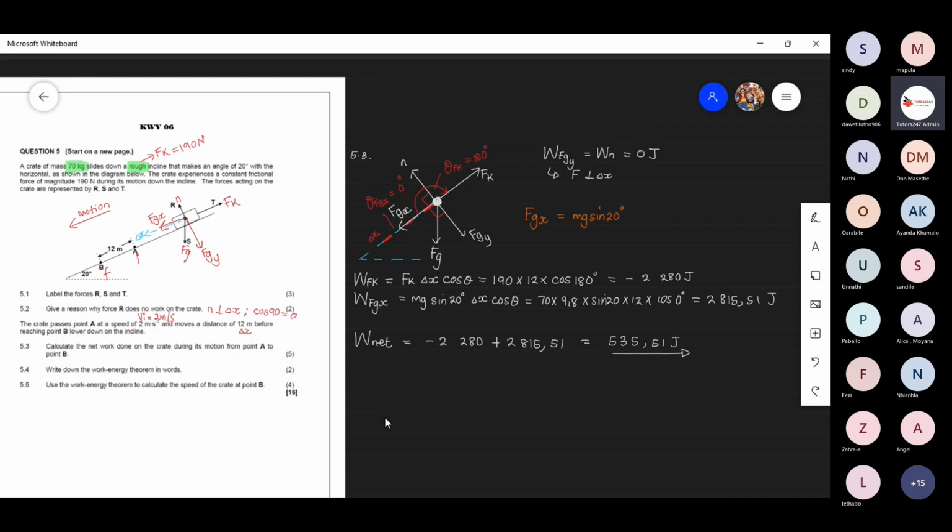If you look at Fk and our displacement, Fk's vector is moving up the incline, whereas our displacement vector is moving down the incline. And they form a straight line in opposite directions. A straight line is supplementary, meaning it has an angle of 180. Now, if you look at Fgx and displacement, both are moving in the same direction and are basically on top of one another. So there's an angle of 0 degrees between them.